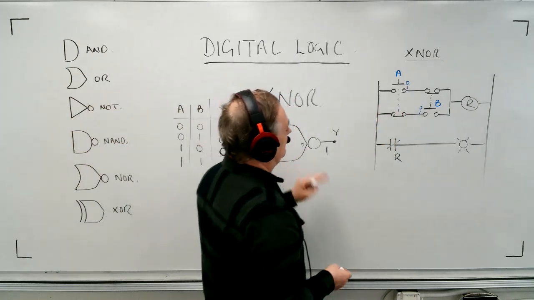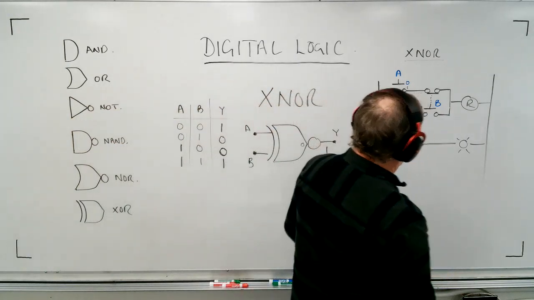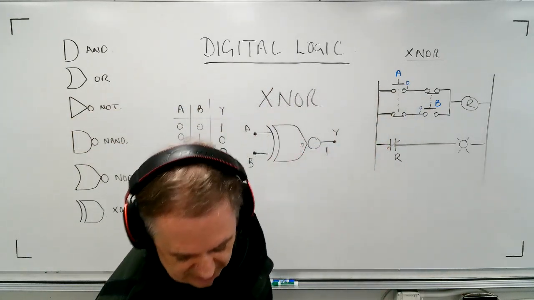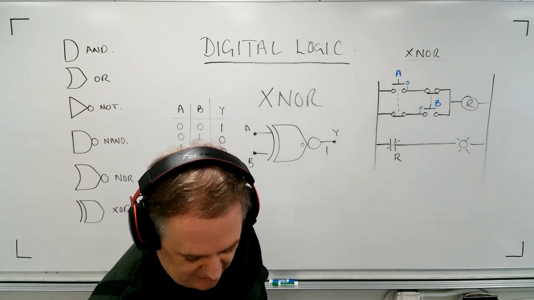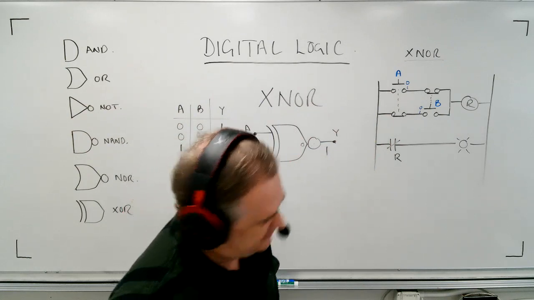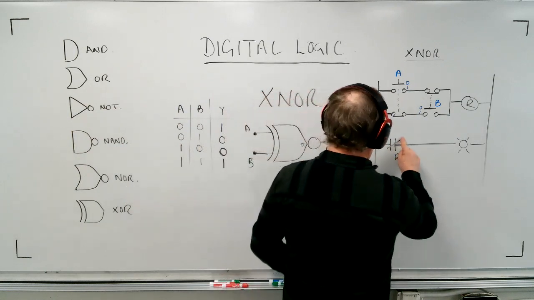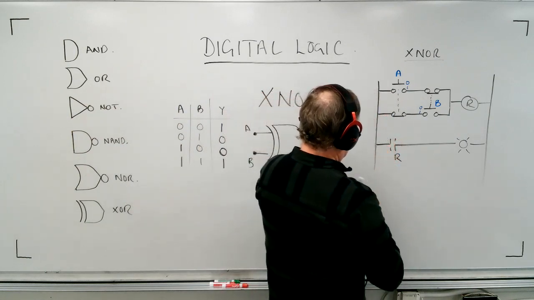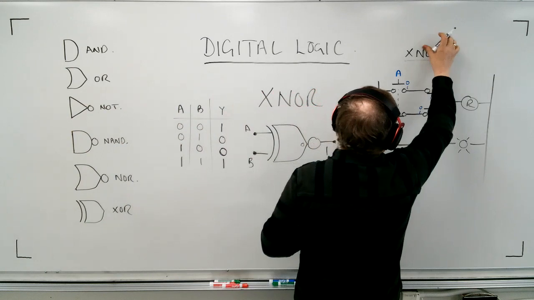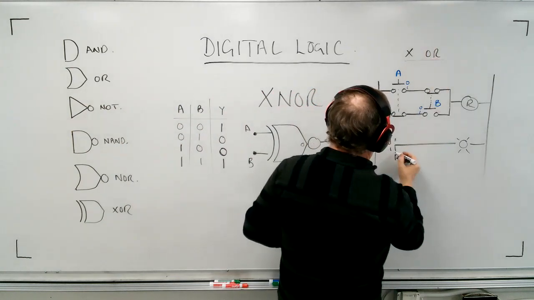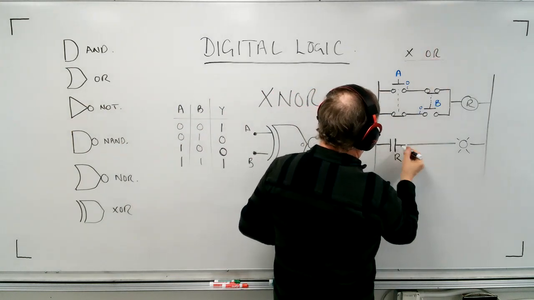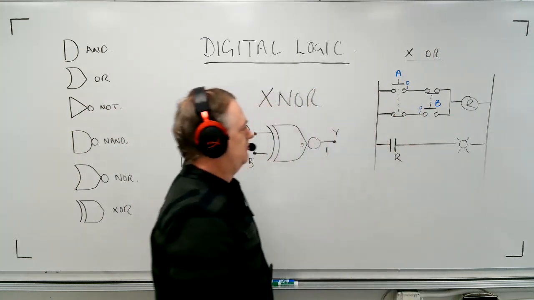Now, how would we make this an XOR? How would we make it an XOR? And I think what we're going to find is that the whole circuit is exactly the same, except that this contact, if we make it an XOR, this contact is a normally open contact, okay? That's the only difference between those two.